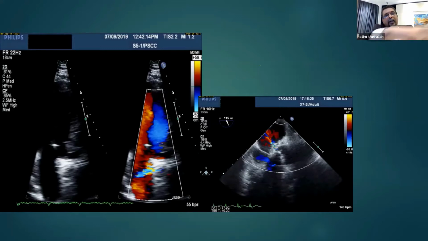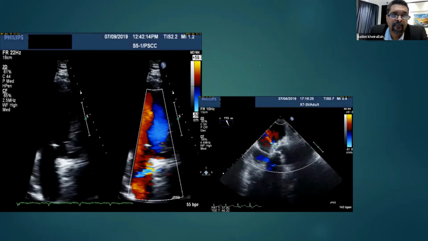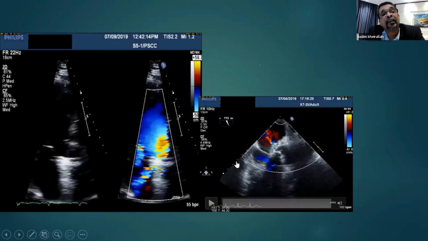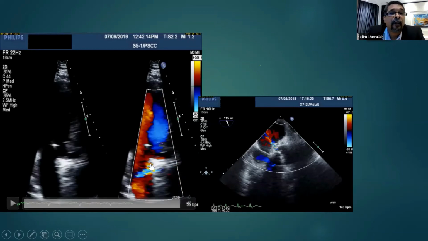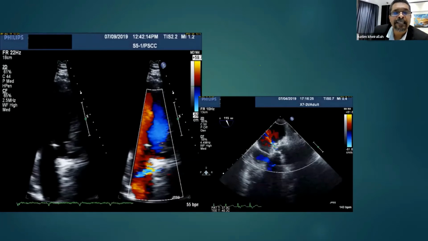So it can rupture in any direction, but more commonly it ruptures into the left atrium if it forms a fistulation than anywhere else. Now, for aneurysm, it might rupture. The aneurysm usually tends to go rightward than leftward. So it usually ruptures in the right chamber, right atrium, right ventricle.